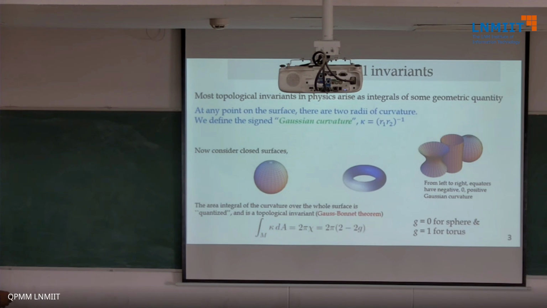But if G equals 0, you get 4 pi, which makes sense because the surface of a unit sphere is 4 pi. If you have G equal to 2 and so on, you get some number, positive or negative, it doesn't matter. This integral is finite, is what I'm trying to say.